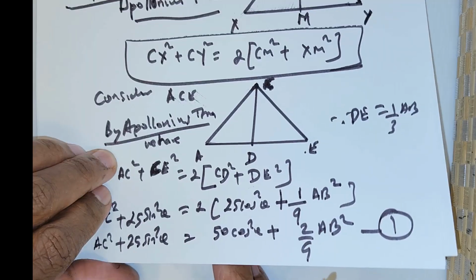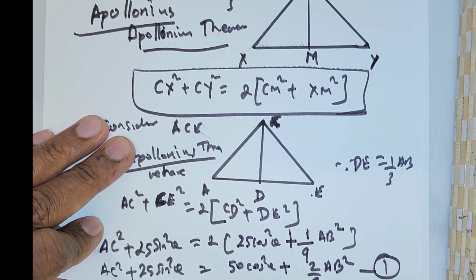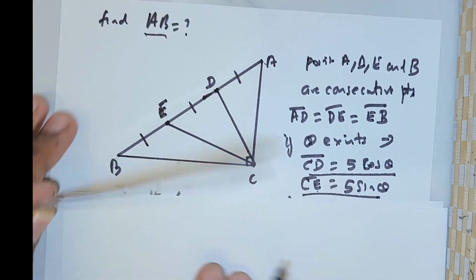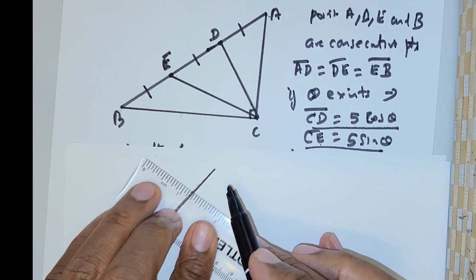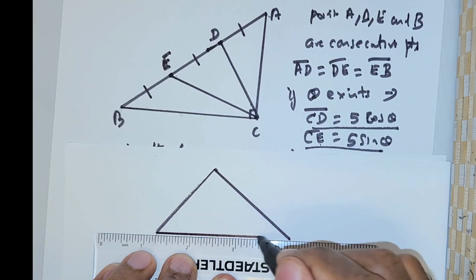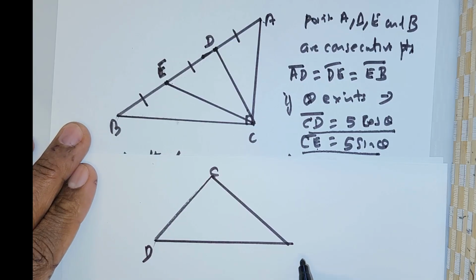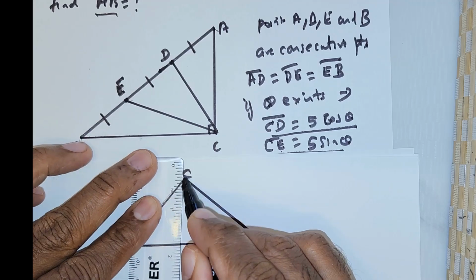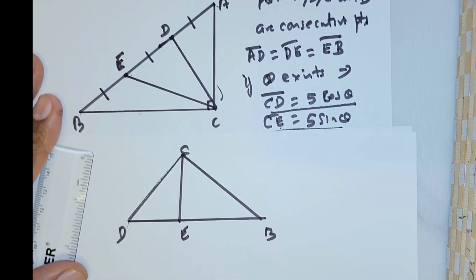Now what I wish to do is, I will have to consider the next part. So now I'm going to consider C, D, B and E. I'm considering this region.